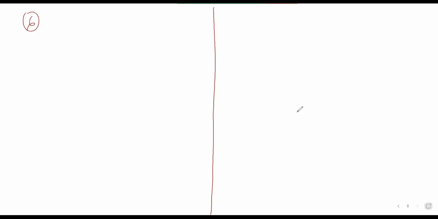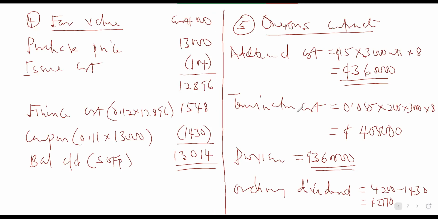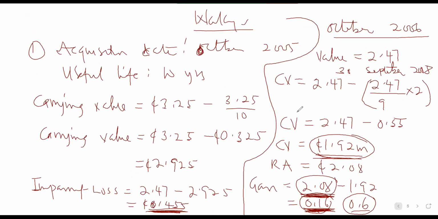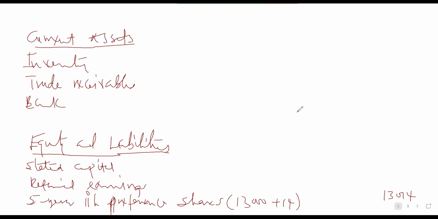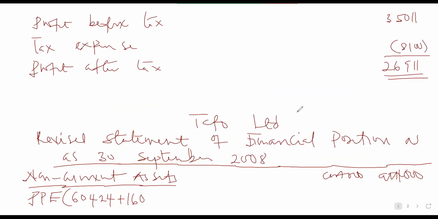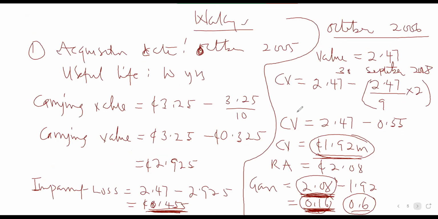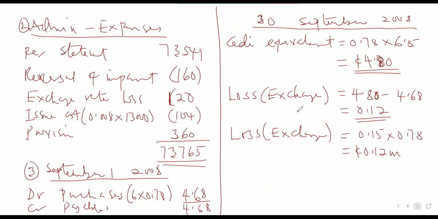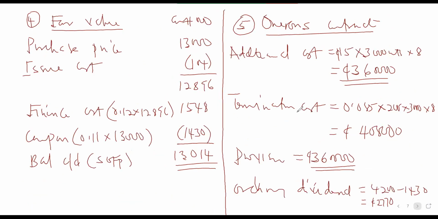Let's now determine the new retained earnings. I will show you how you can determine the new retained earnings. What is the new profit that we have gotten? 26,911. What was the profit added to the retained earnings? 27,581.